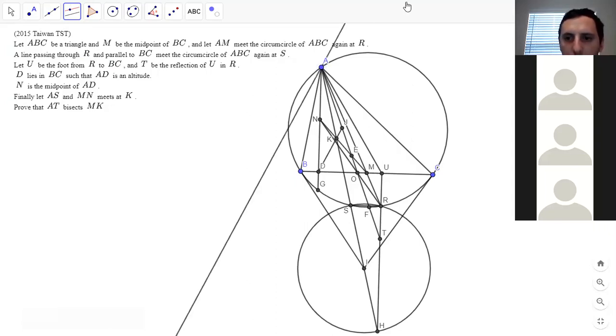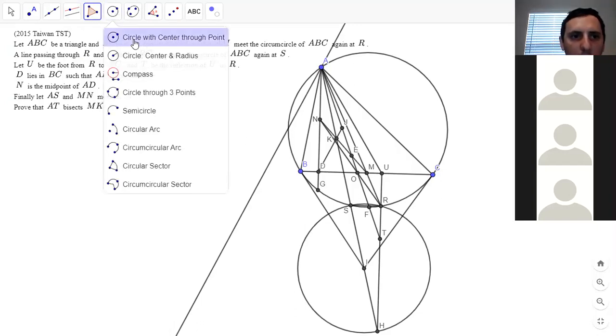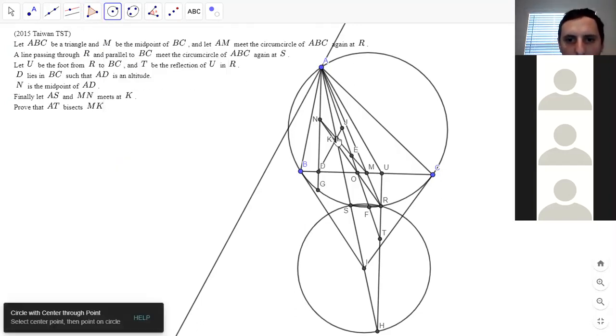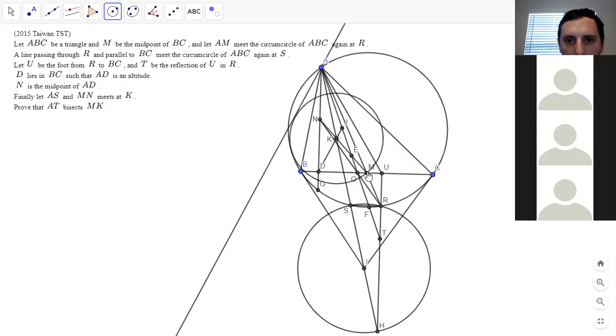Let's check the chat. So AKM would be isosceles. Really? AKM? Maybe you meant something else. They're isogonal, AK and AM, but I don't think there are isosceles triangles.